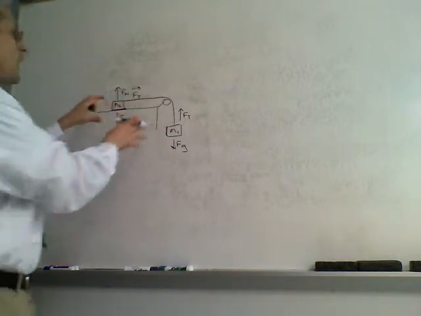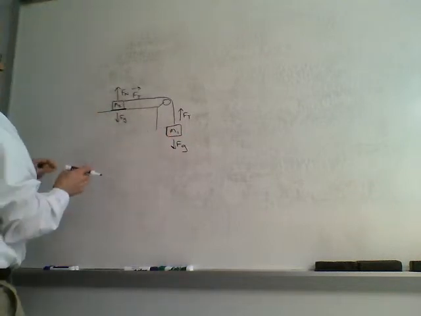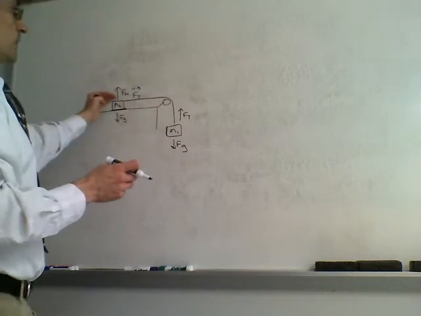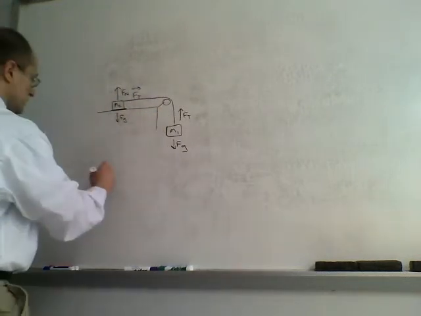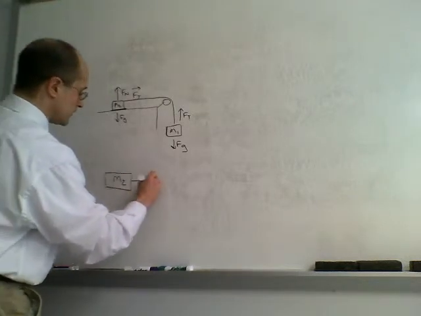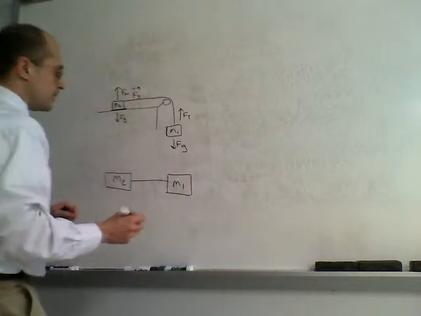Now it turns out that the string couples the blocks and makes them a combined system. And because that string couples the blocks together, in order to analyze how it's moving, you can think of it this way. This is block 2 here, and there's a string attached. This is block 1.